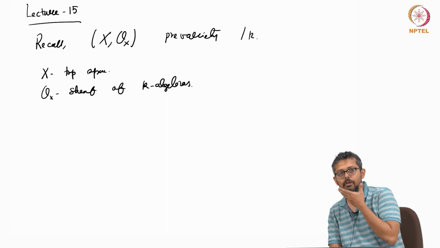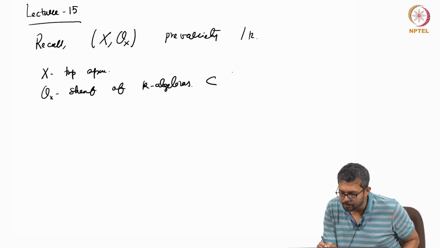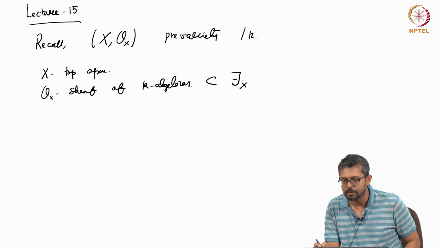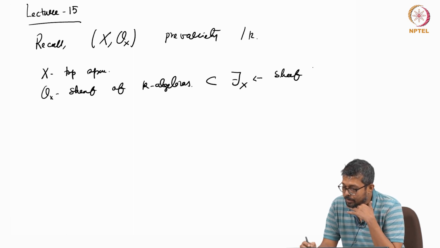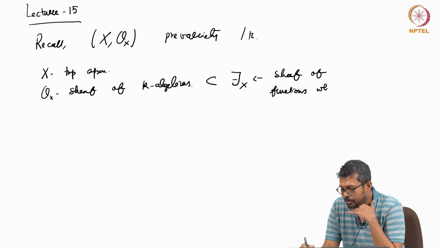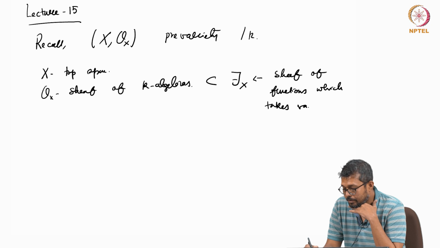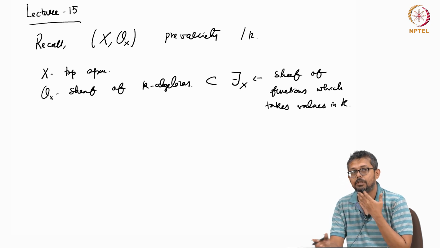But not any sheaf of K-algebras, it is some kind of subsheaf of K-valued functions. Let F_X be nothing but the sheaf of functions which takes values in K, right? A sheaf of sets.